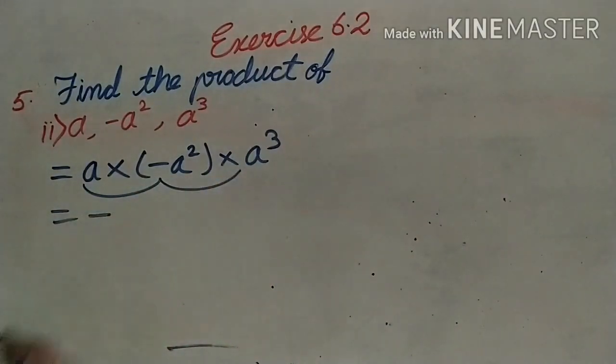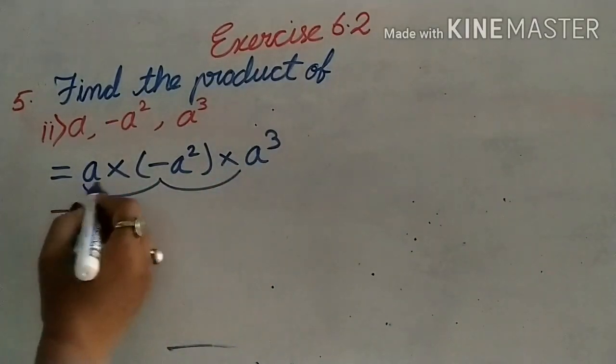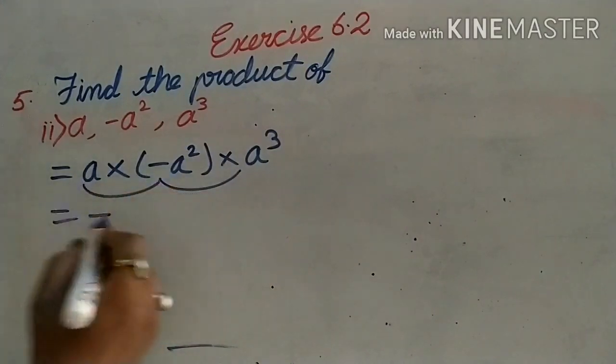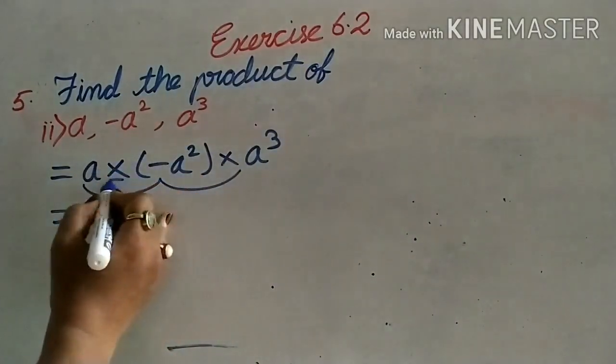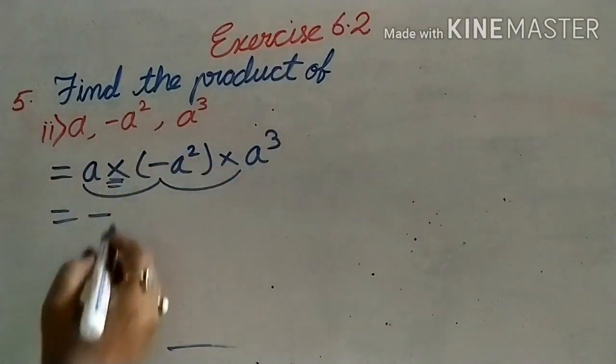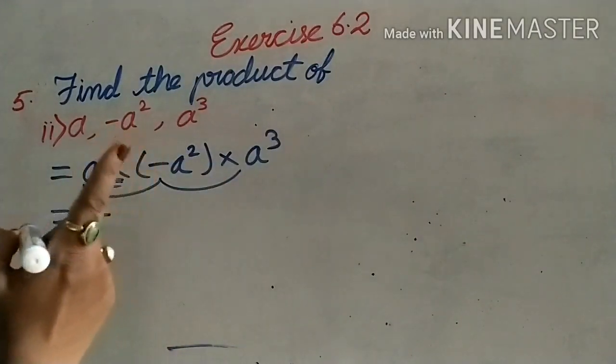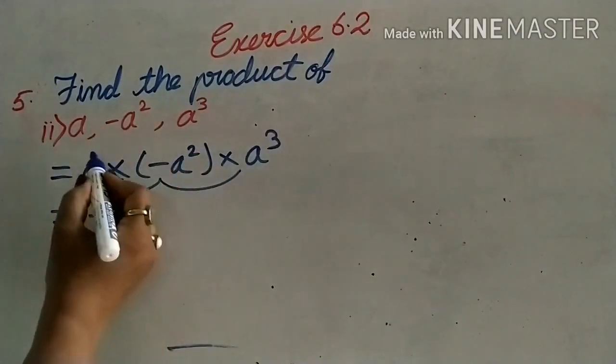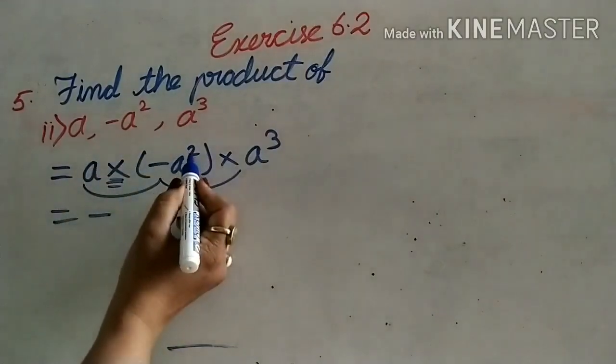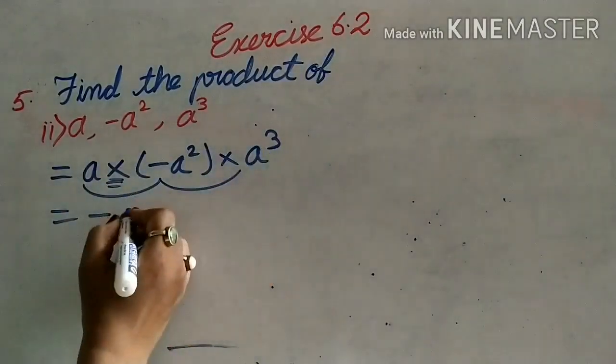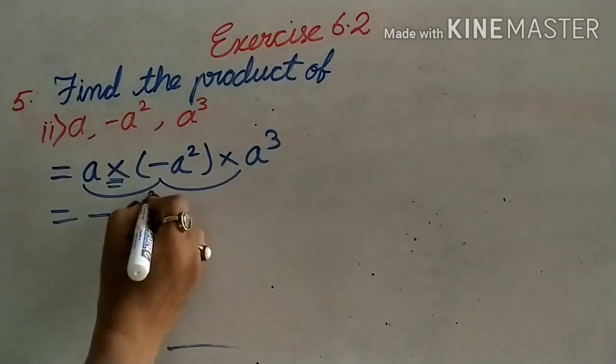So answer is minus. Now we have to multiply a into a square. If the base are equal and multiplication sign, means we have to add the power. Here no power, means always we have to consider it as 1. So 1 plus 2, it is 3. 3 plus 3, it is 6. Therefore answer is minus a raised to 6.